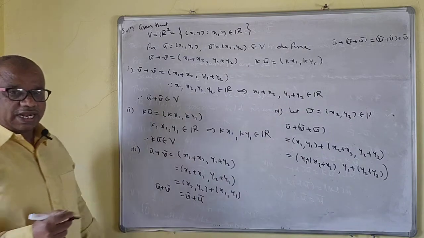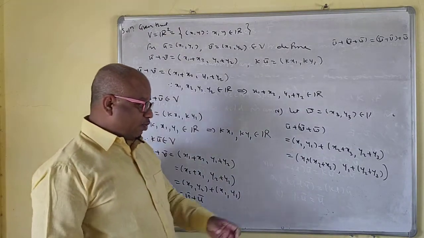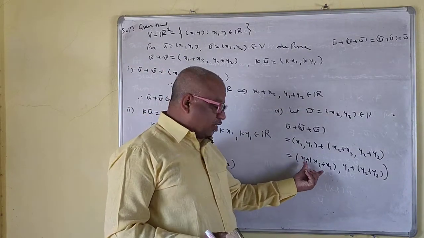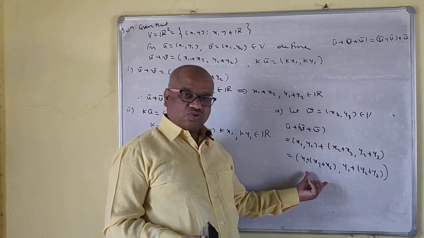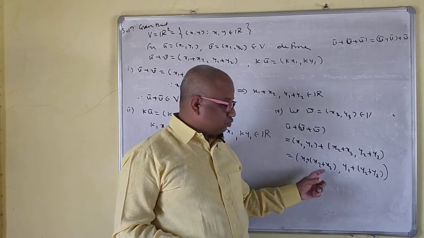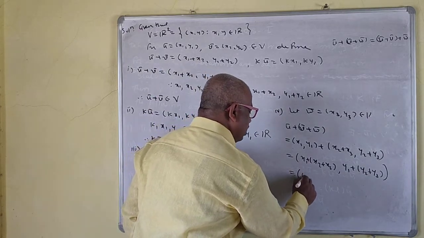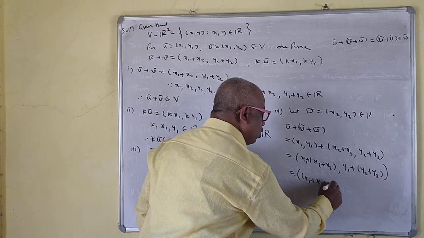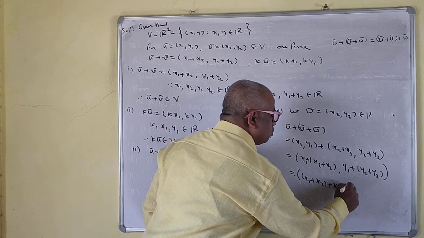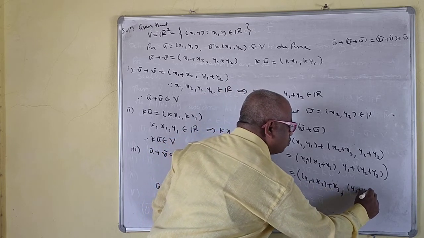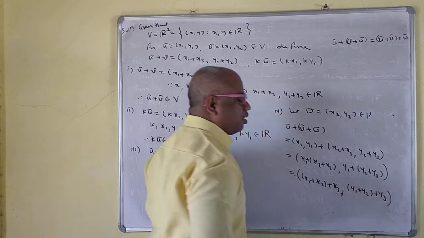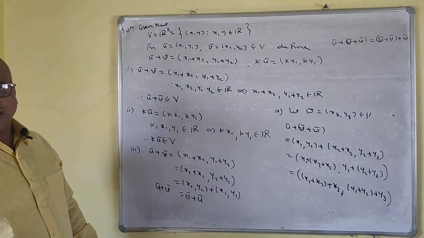Now this addition: I know that the addition of real numbers is associative. These are real numbers, so I can change the brackets here. So this is (x1 plus x2) plus x3, and (y1 plus y2) plus y3, because addition of real numbers is associative.